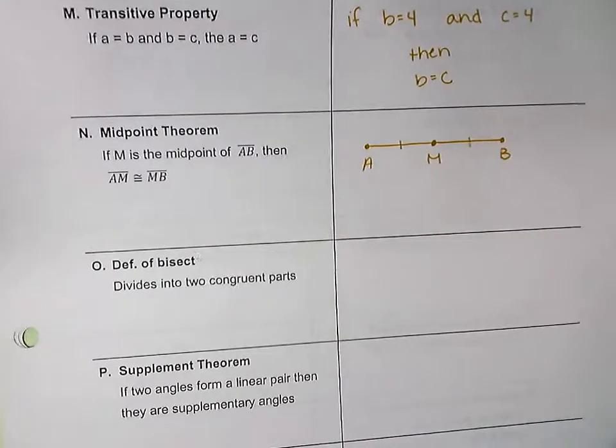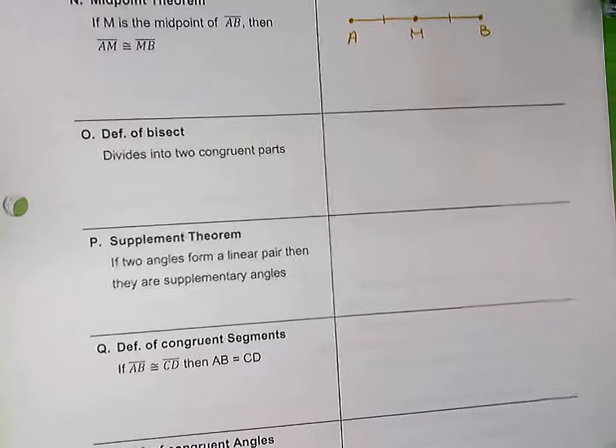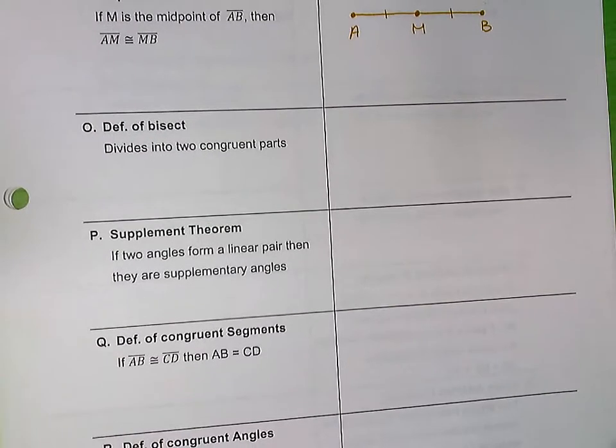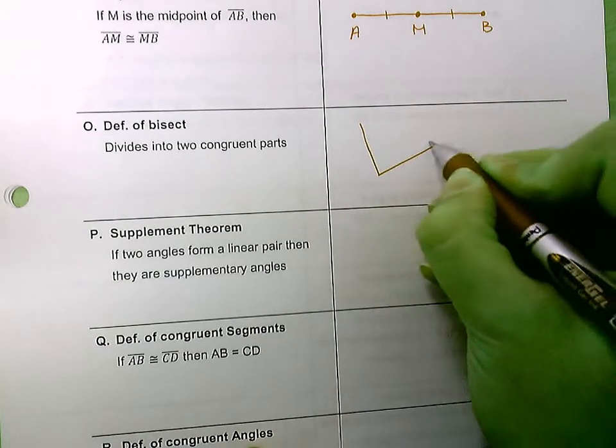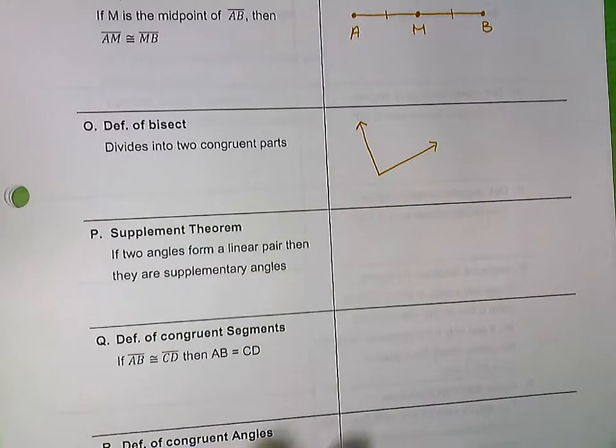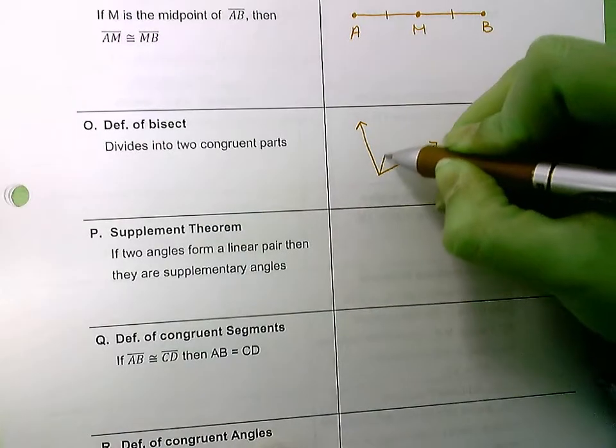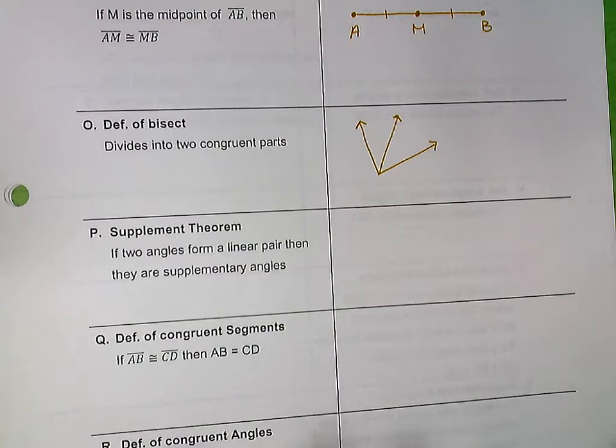Next is the definition of bisect. We've dealt with bisect where I said something bisected something else. Bisect means it's splitting it into two equal parts, two congruent parts. I'll show you that with an angle measure. If I have an angle here and I want a ray that bisects that angle, it'll go through the middle.